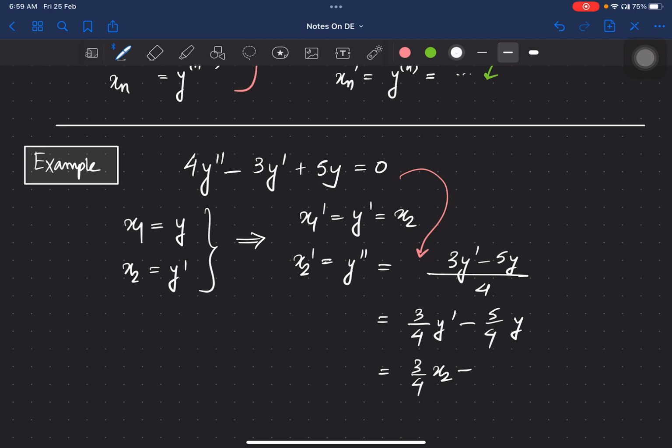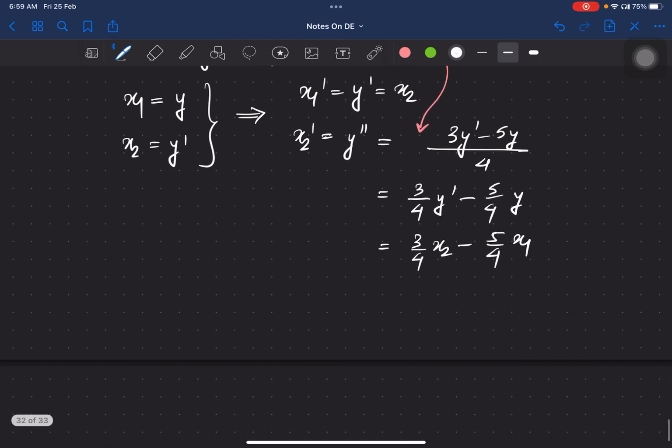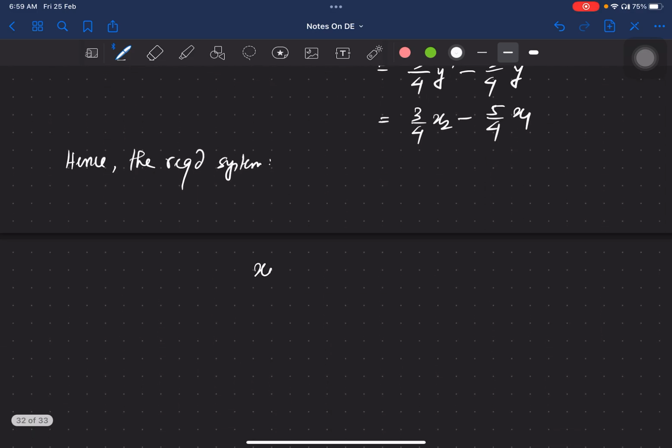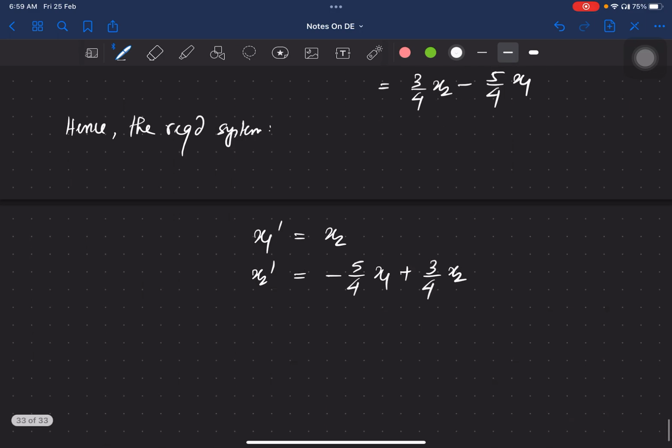So 3/4 x2 minus 5/4 x1. So hence the required system is x1 prime equal to x2, x2 prime equal to minus 5/4 x1 plus 3/4 x2. So this is our required system.